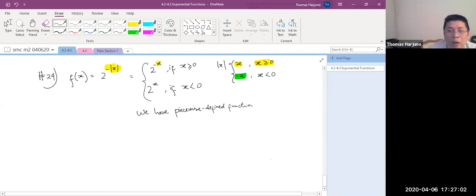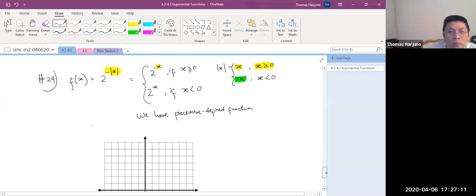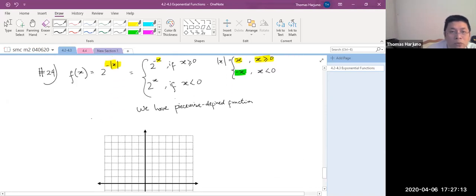Okay, now how do we graph that? Let's see. To the right of x equals 0, we deal with 2 to the negative x. So it looks like this.